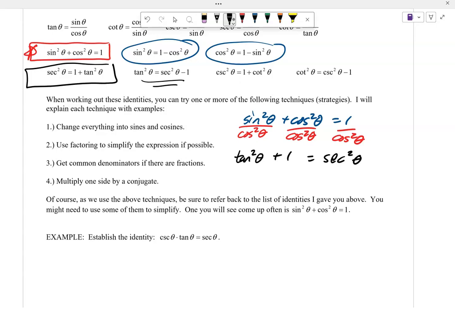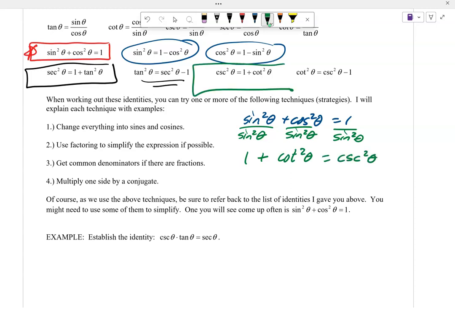And then the last one comes from, again, the money formula, I like to call it, sine squared plus cosine squared equals 1. If you divide everybody instead by sine squared this time, then you get 1 plus cotangent squared is the cosecant squared.